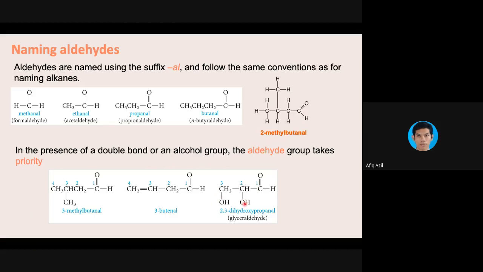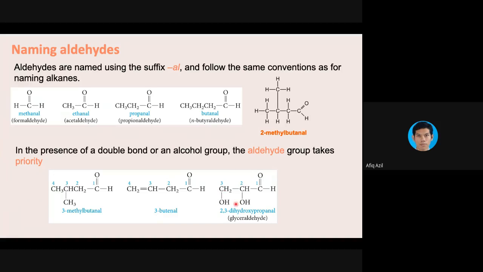If you have two OH groups: when the hydroxy group becomes a substituent, the name will be called hydroxy. If it becomes the parent name, you have to replace it with the OL ending. But when it is a substituent, it is known as hydroxy.